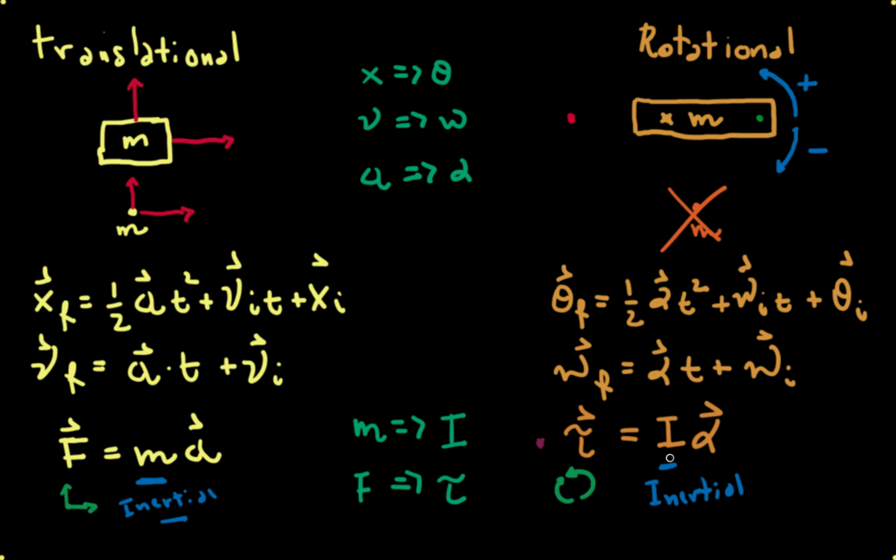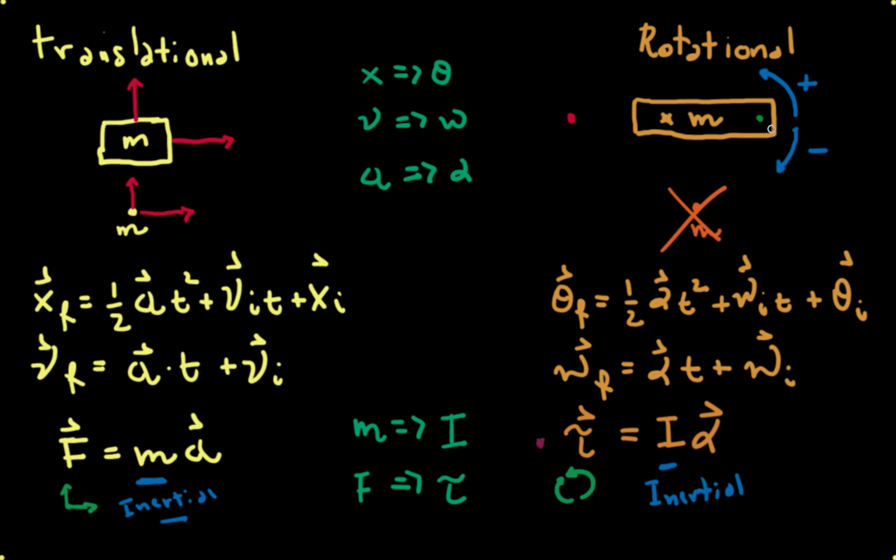However, this moment of inertia here is not something that you can put on a scale. And let me make another point here. Do you see this object here with mass m? And I have 3 points of rotation, and you can rotate any object according to any point of rotation.